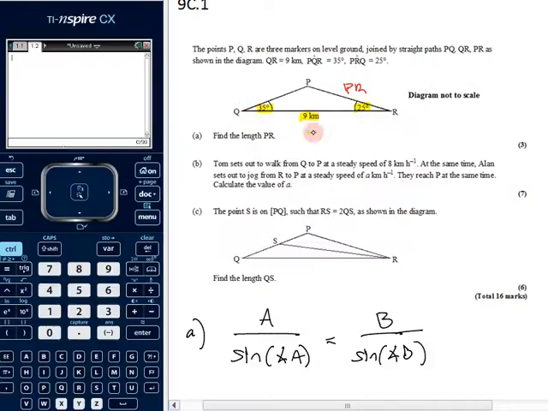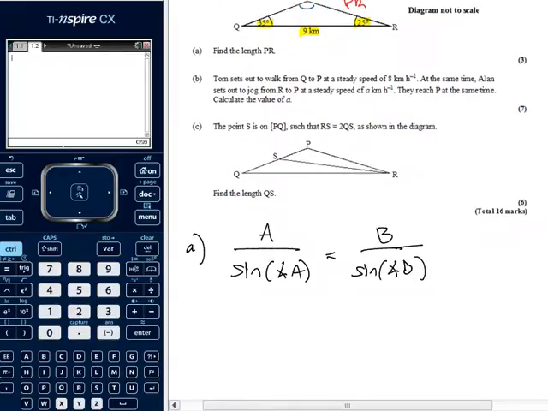We also need one more side, that's this one, and the angle opposite it, which is unknown in this case. So we need this angle QPR.